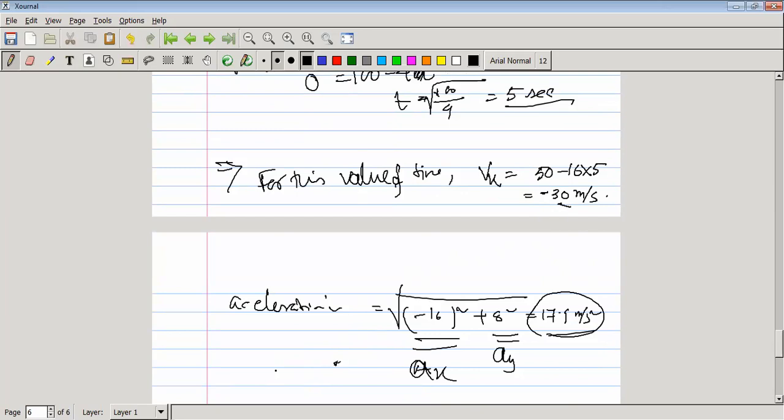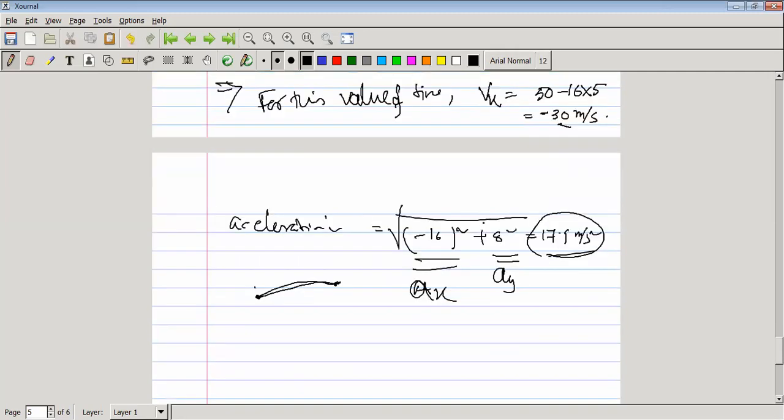So with this amount of deceleration, if this is your curve, it will come to rest, meaning y is equal to 0 after 5 seconds as per our calculation. So up to this, is it clear now? This is the question actually, so is it clear?